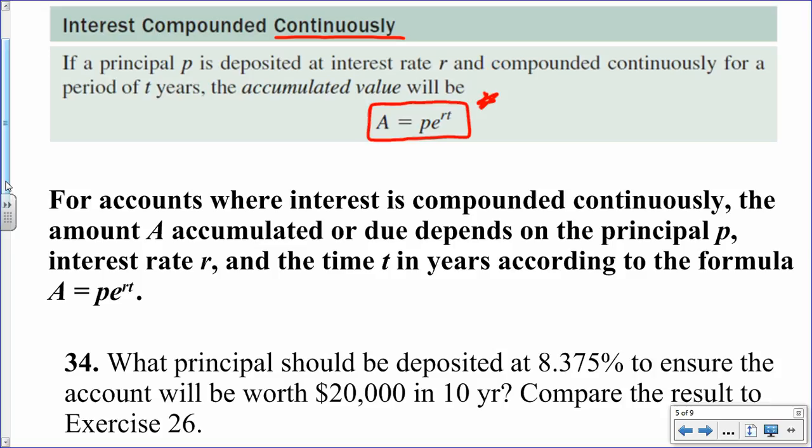Okay. So if we do a problem, it will tell us that it's compounding continuously. So I see that. That tells me I need to use P E to the RT.